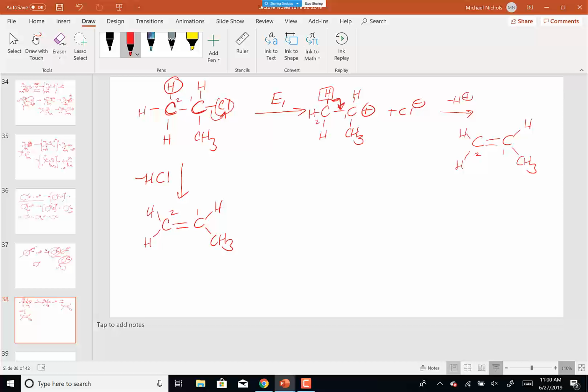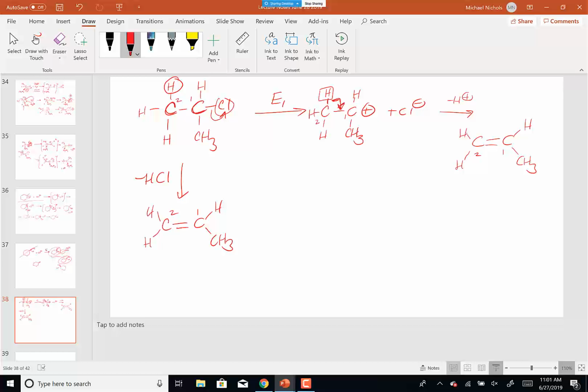So SN1 and E1, since they share the same common first step, they're going to go together. So on my table that we drew up yesterday, everywhere there's an SN1, you could put SN1 plus E1. And we're going to come back to this and talk about how we do this reaction when I have an OH leaving group, which, if you're thinking about yesterday, would be like, wait, you said OH can't leave.